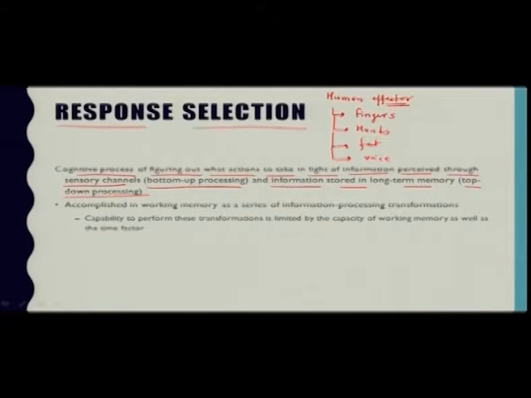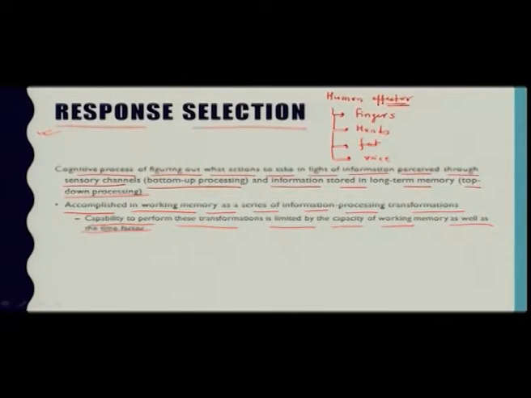And actions can be passive also. This response selection is accomplished in working memory as a series of information processing transformations. Its capability to perform these transformations is limited by the capacity of working memory as well as the time factor. So in order to develop our understanding of response selection, let us take one example.